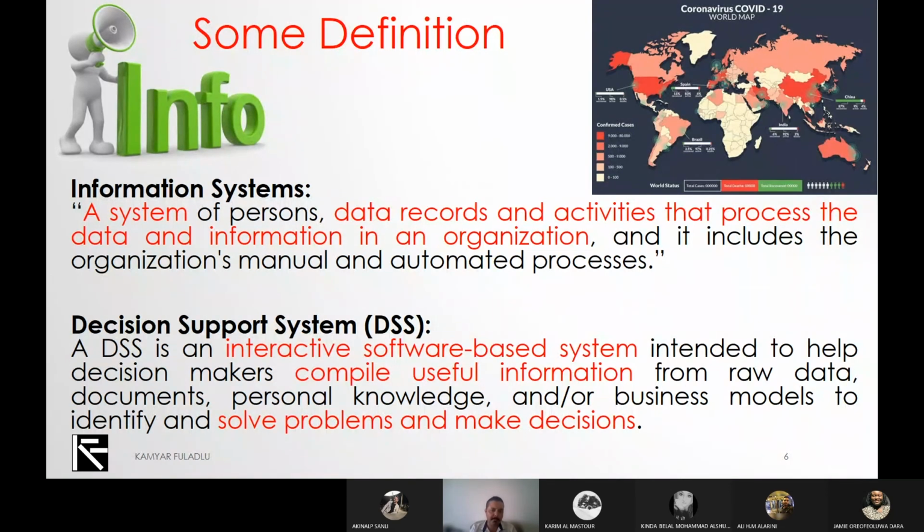In a business model, we need to take big decisions and solve big problems. That's why we need to work with more complicated information and different sorts of data.